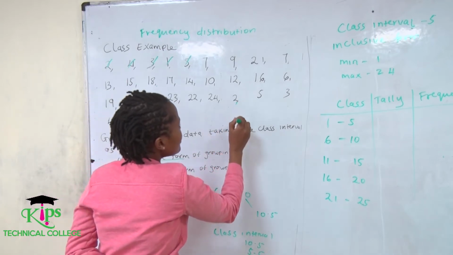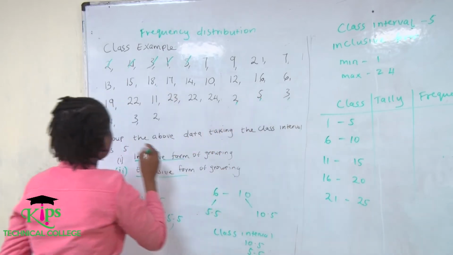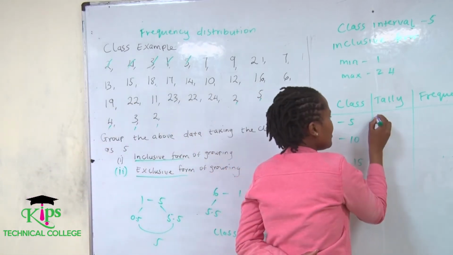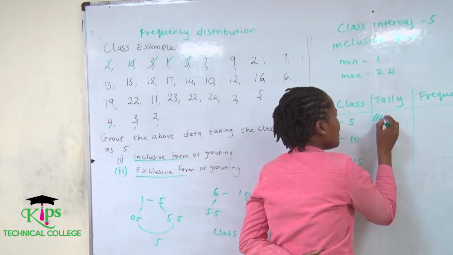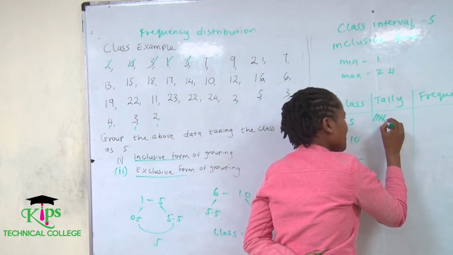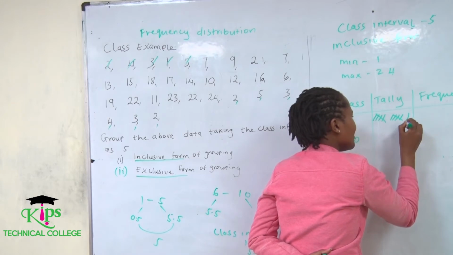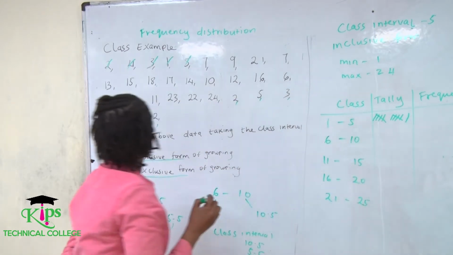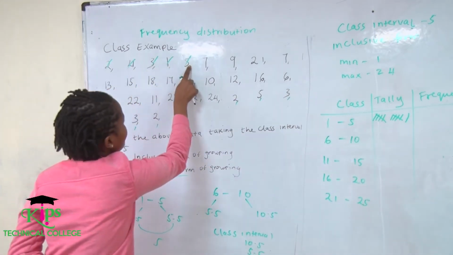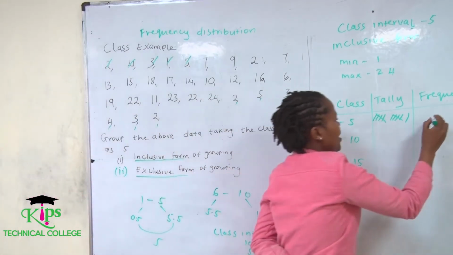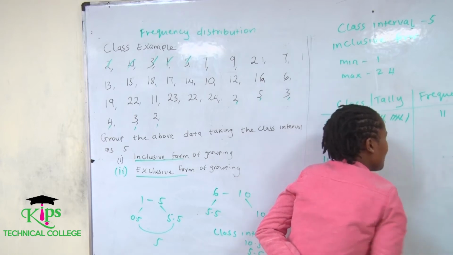So how do you tally? 1, 2, 3, 4, 5, 6, 7, 8, 9, 10, 11. So here we have a frequency of 11.